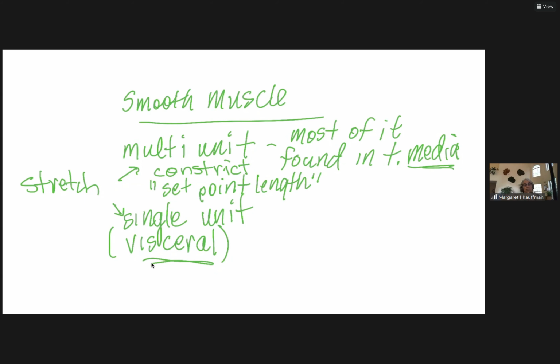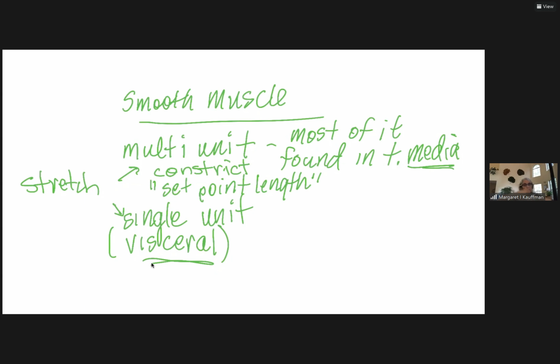If they're forced by there being less blood pressure to being shorter than they like, they're going to dilate and try and get back to their set point length, as it were, a relationship between the thin and the thick filaments.